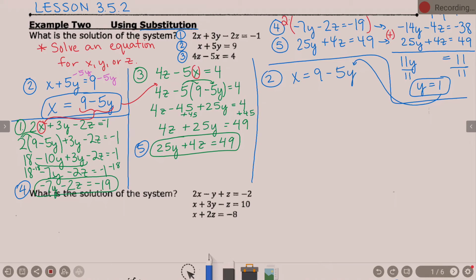Y is 1. So, x equals 9 minus 5 times 1. Big math, 5 times 1 is 5, and 9 minus 5 is 4. Dang.